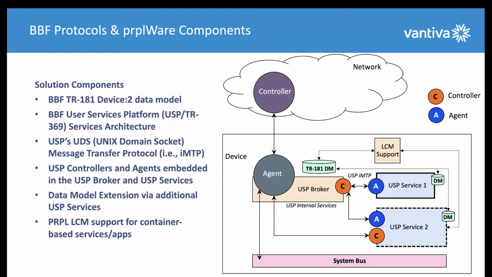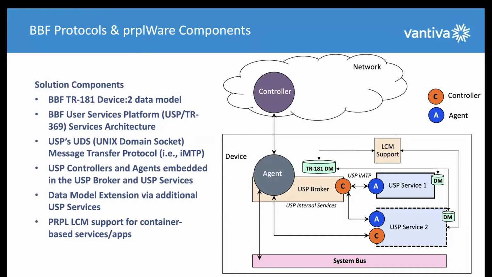And in doing that, we needed to extend the USP solution to offer something a little more efficient at communications from a message transfer protocol. So we didn't necessarily want to use STOMP or MQTT or WebSockets internally of the device. We wanted something a little bit more lean, like Unix domain sockets.